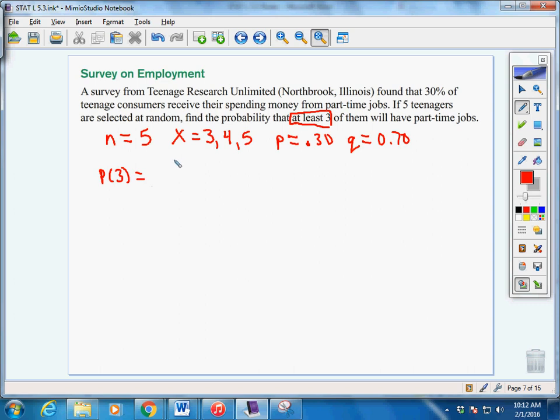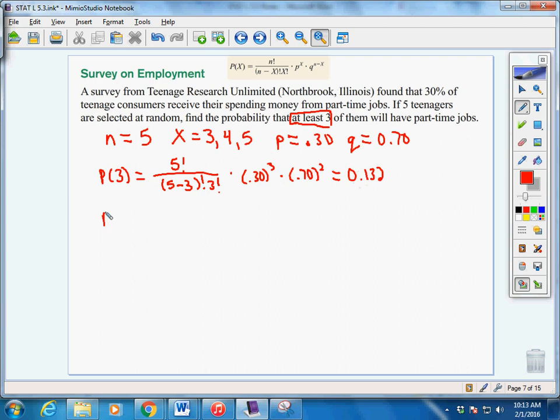So we're going to take 5 factorial, here's our formula, I'll put that up top, 5 factorial over, let's start filling things in, 5 minus 3 times 3 factorial times 0.30 to the third times 0.70 to the second. Again, that's our difference between the trials and successes. And that gives us about 0.132.